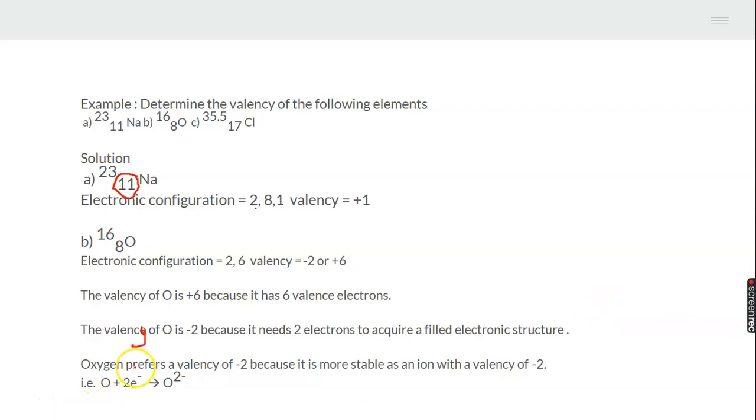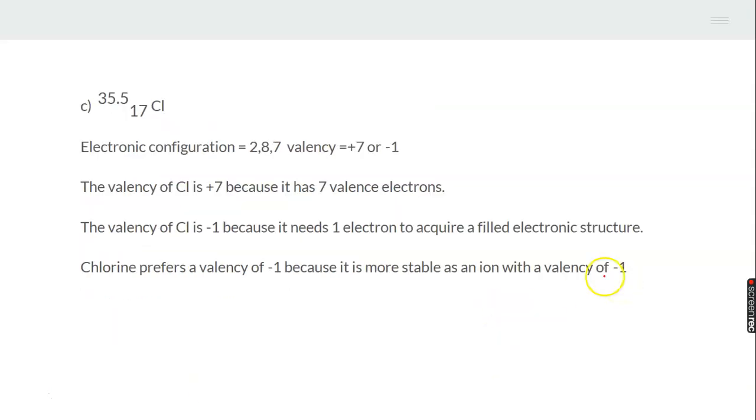So when it receives 2 electrons, it becomes a negatively charged atom. Here for chlorine too, same thing.